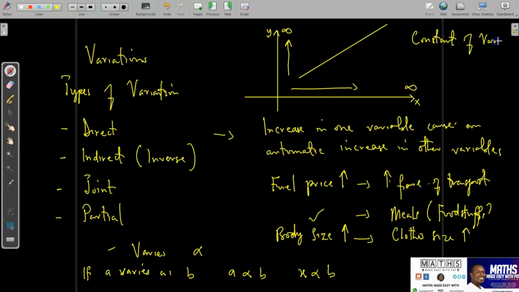So the constant of variation or proportionality will be introduced to your symbolic statement to make it an equation. And that constant of variation or proportionality makes it easy for future references.